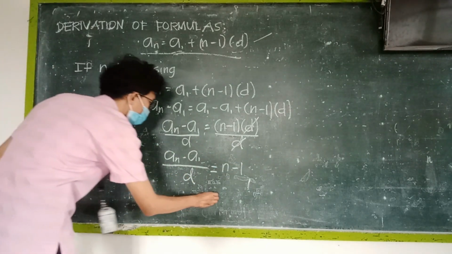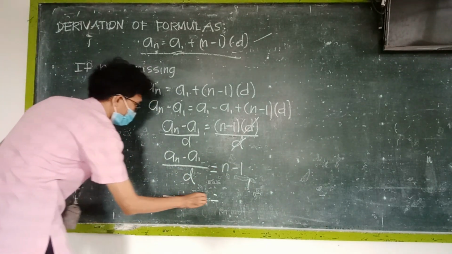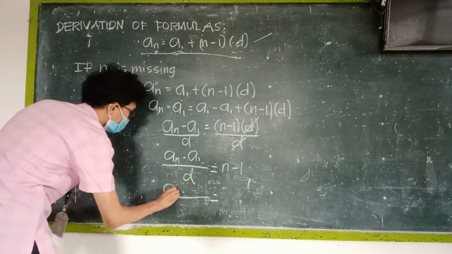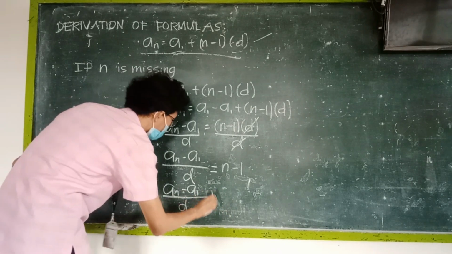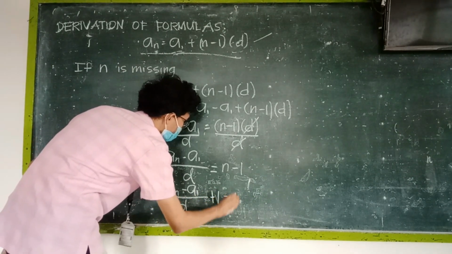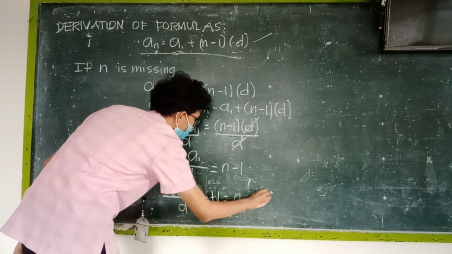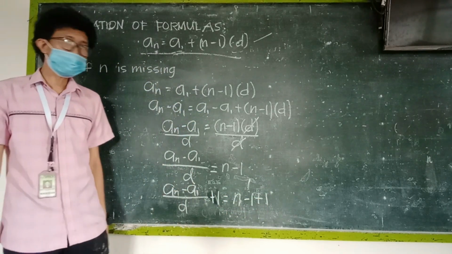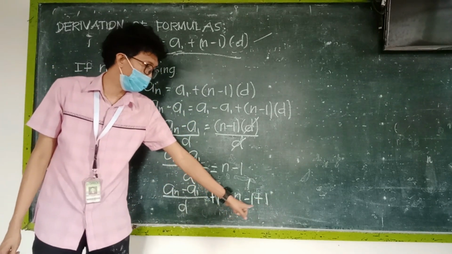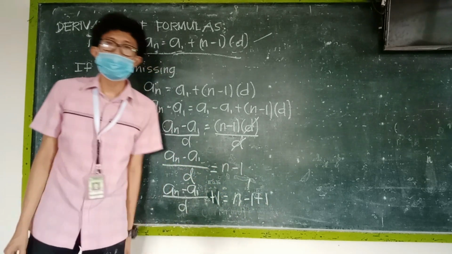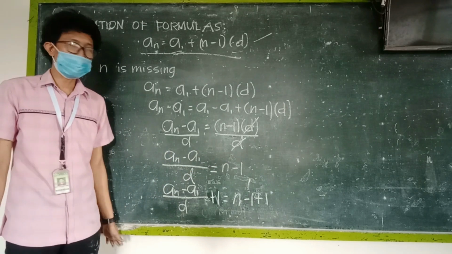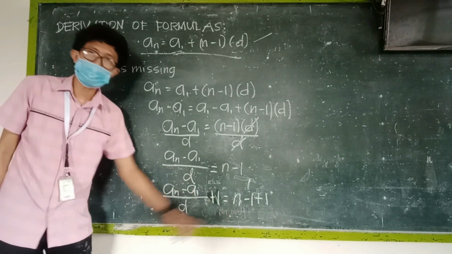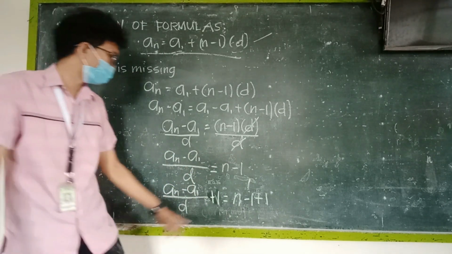So, magiging a sub n minus a sub 1 all over d plus 1 is equal to n minus 1 plus 1. In this case, negative 1 plus 1 is equal to 0. So, matatanggal na ang negative 1 at 1 doon. So, matitira na lang sa right side of the equation is n.